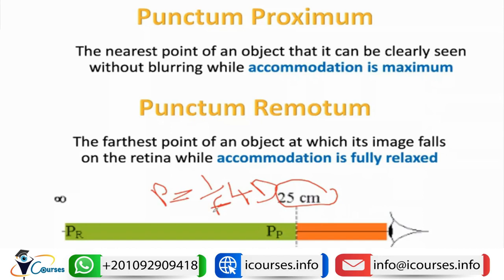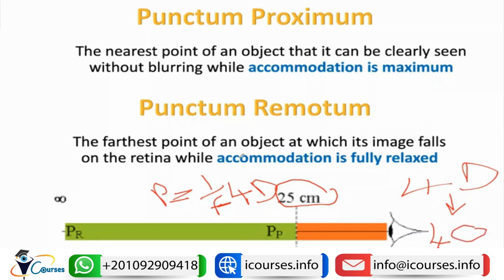So the focal length of the lens in meters, the power of the lens will equal 1 over the focal length of this lens. So if we have 4 diopters of accommodation, we can see clearly any object at 25 centimeters. And we reach 4 diopters of accommodation at the age of 40.